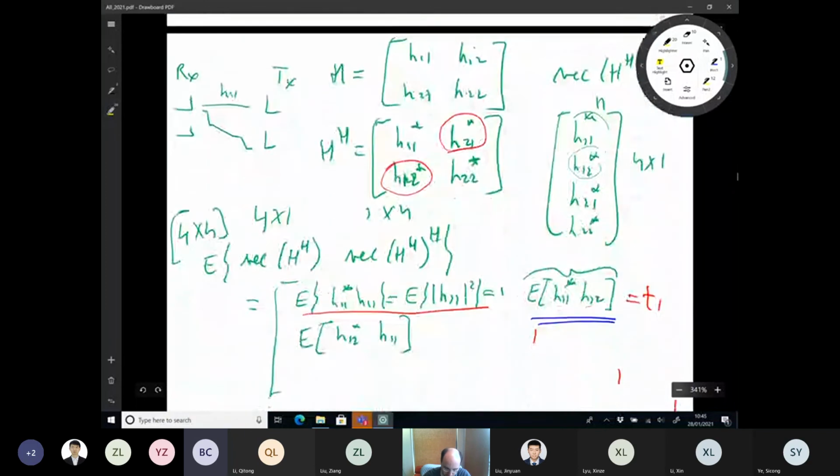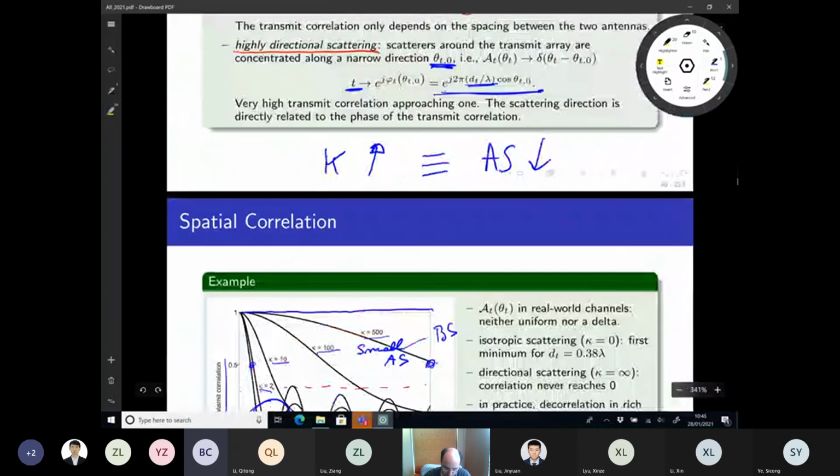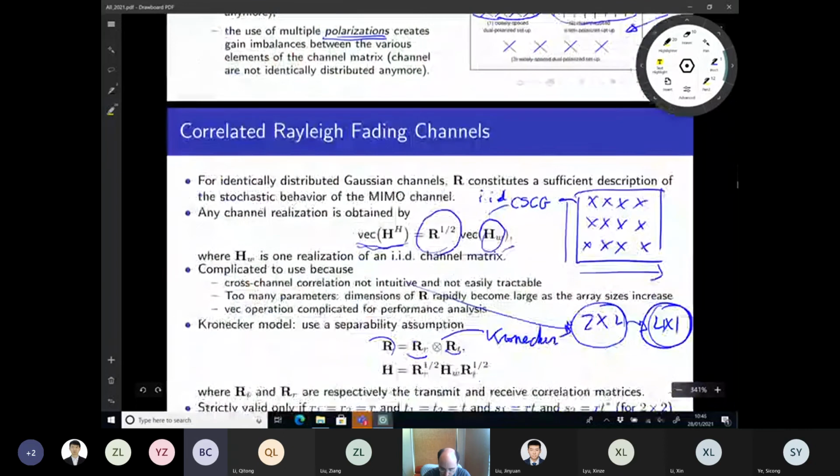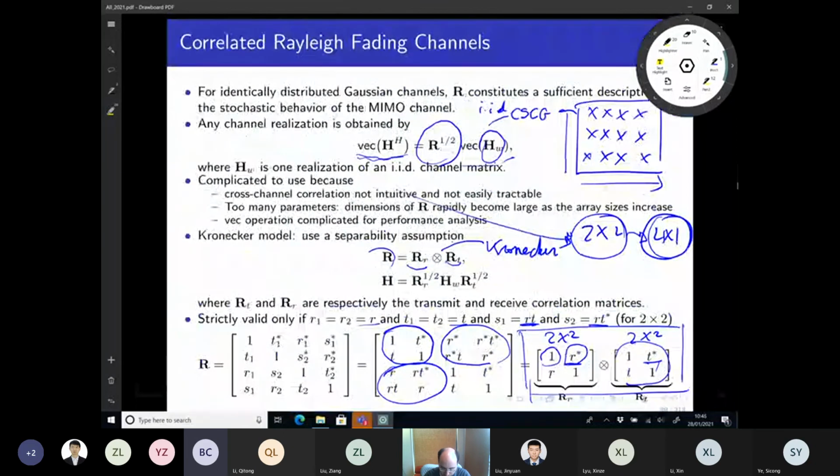Once we have that, you can generate your correlated entries, and depending on T and R, you will have a different performance. If you have a Kronecker model of R, it means physically that your channel matrix H can be written as follows. This is an IID matrix, whose entries are circularly symmetric complex Gaussian random variables, independent from each other.